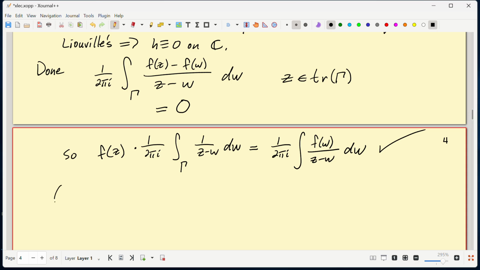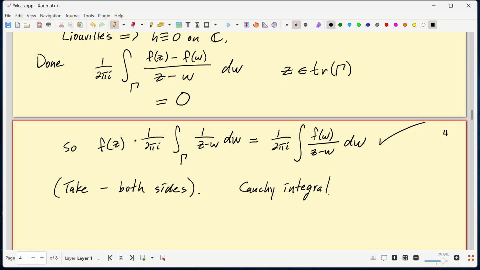I should say, take minus of both sides to get the Cauchy integral formula. So we have a Cauchy integral formula part. And it's funny, in the past we've shown that the Cauchy theorem implies the Cauchy integral formula.